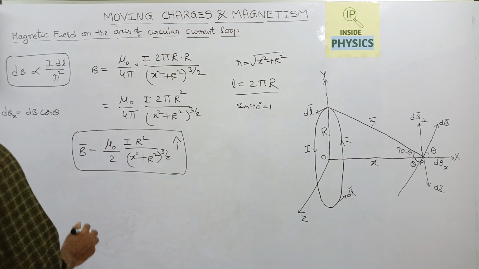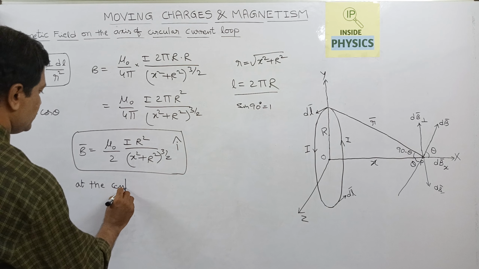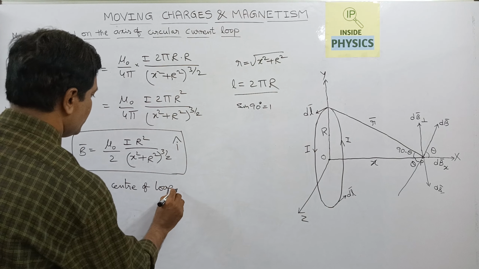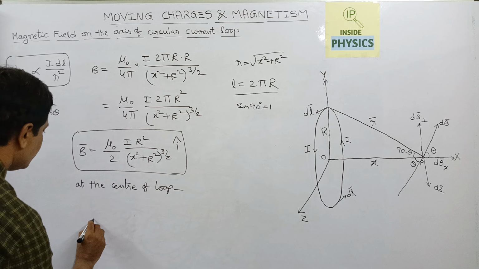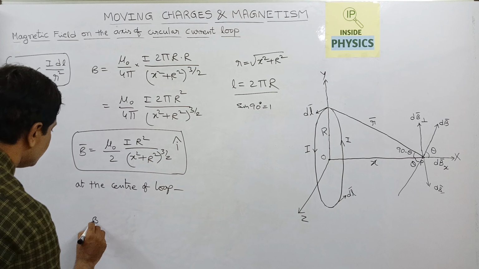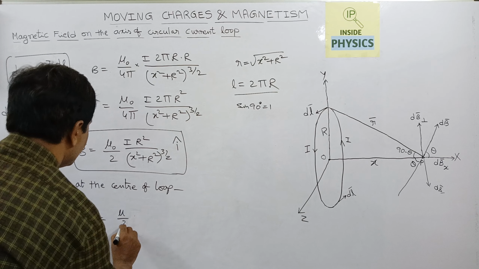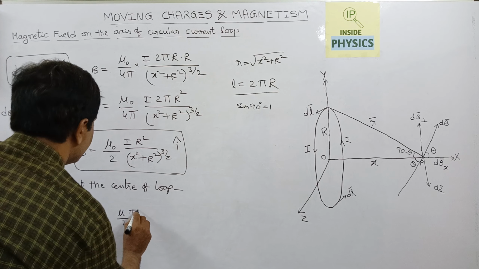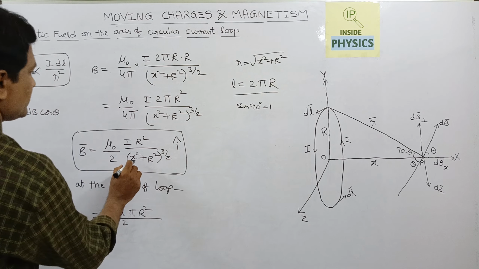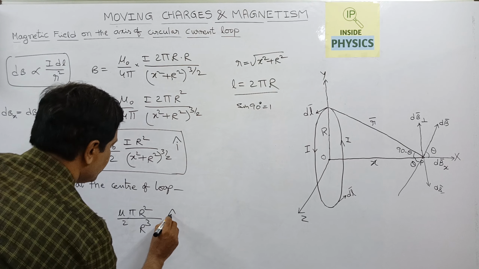So in that case, at the center of the loop, this equation becomes B bar is equal to mu naught by 2, I r square by, x becomes 0, r to the power of 3 into i cap.